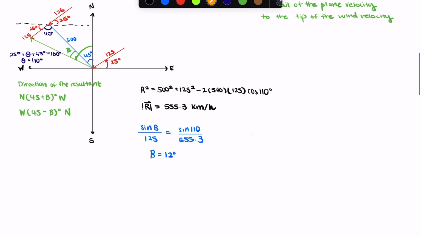So the ground velocity is 555.3 kilometers per hour, 57 degrees north of west.